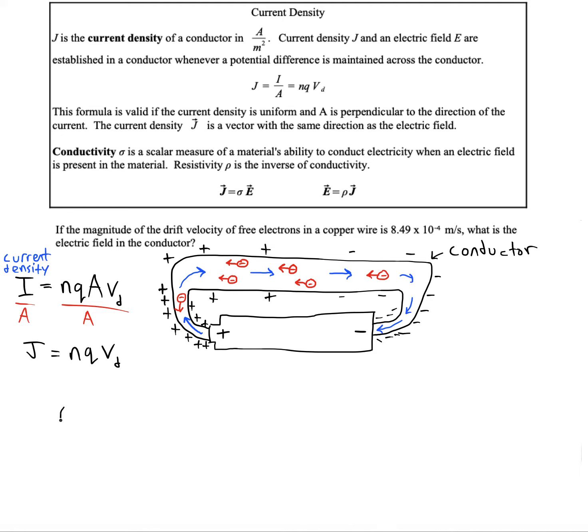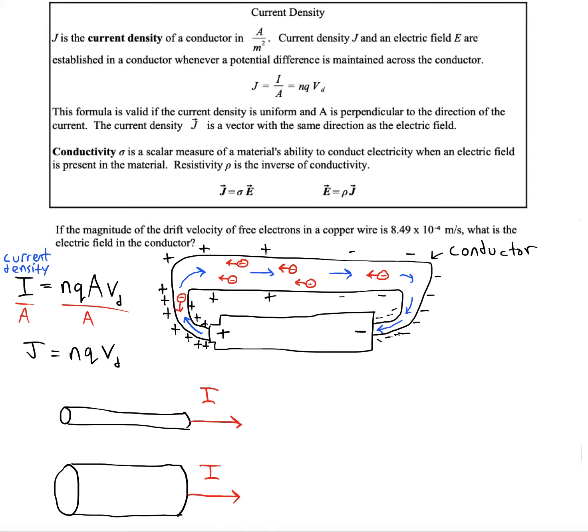Take two wires, for example, which have the same current, but they have different cross-sectional areas. Which of the two, number 1 or number 2, has the larger current density?